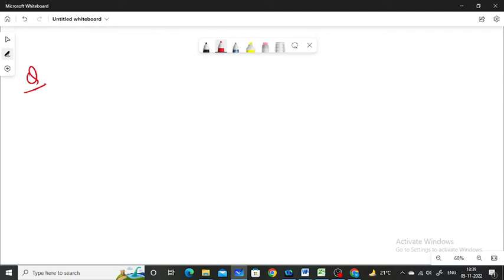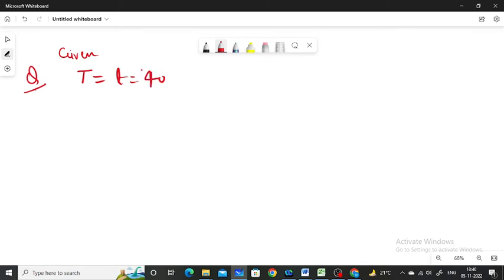The number of teeth on each of the two equal gears in mesh is 40. The capital T and small t are the same, as the gears are meshing. It is 40, the data given to us. The teeth have a 20-degree involute profile, that is phi equal to 20 degrees, and module m equal to 6 mm.